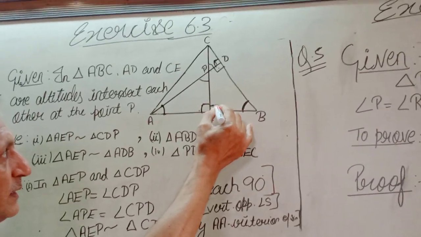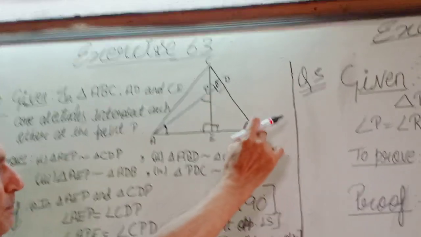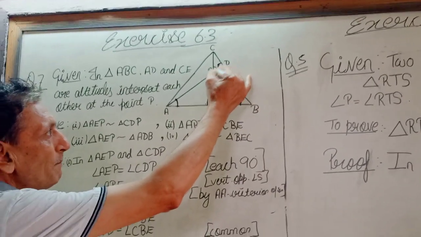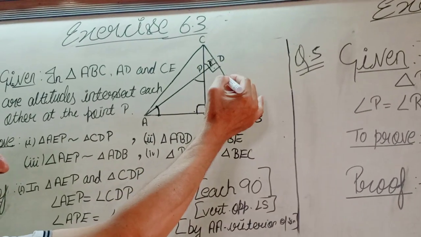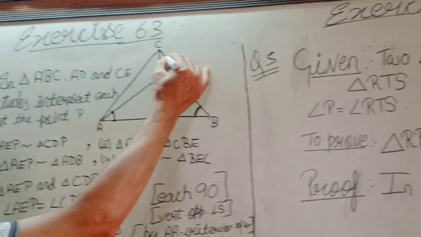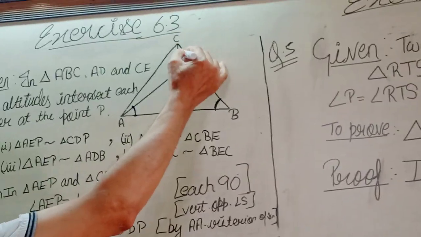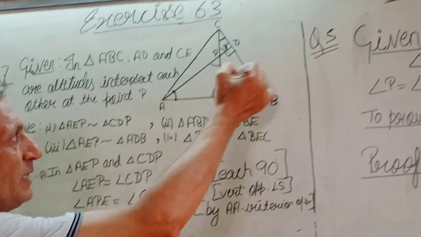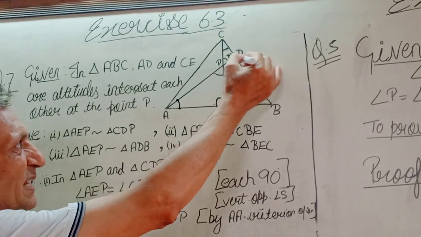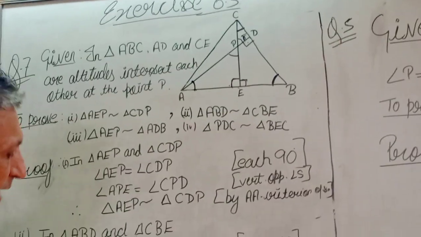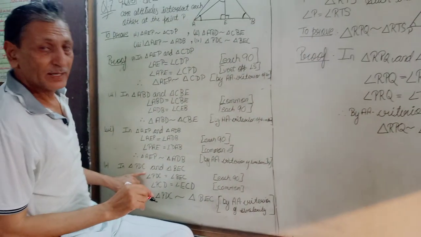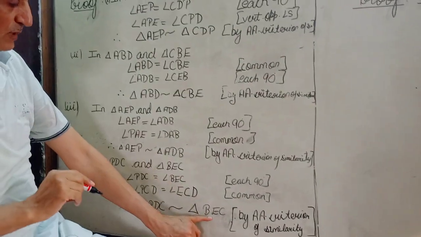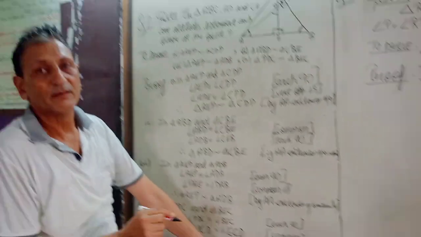Look here, angle CEB or BEC as you may call it, and angle PDC, each 90, and then C is common in both the triangles. C features in triangle ECB as well as triangle PCD. It is common in both. Again by AA criterion, triangle PDC is similar to triangle BEC.